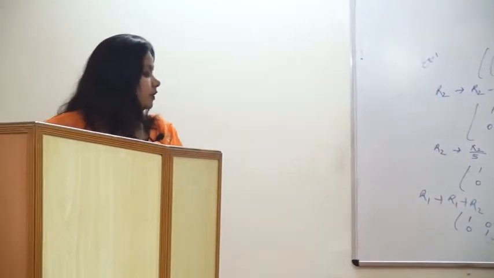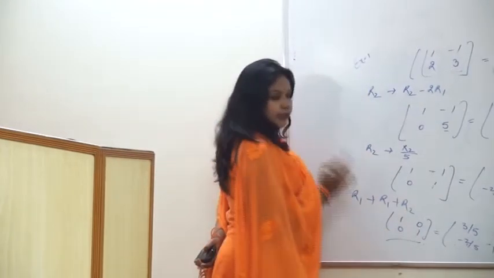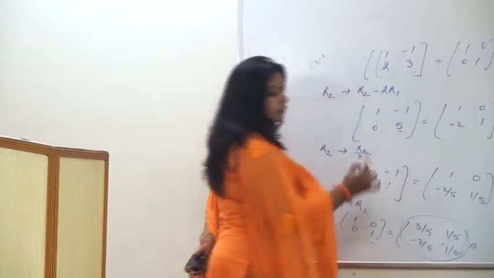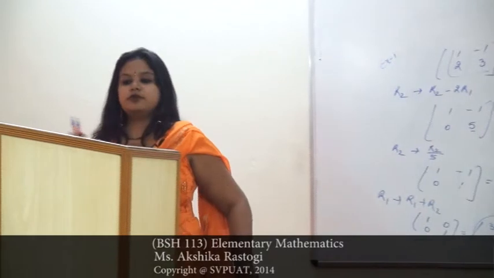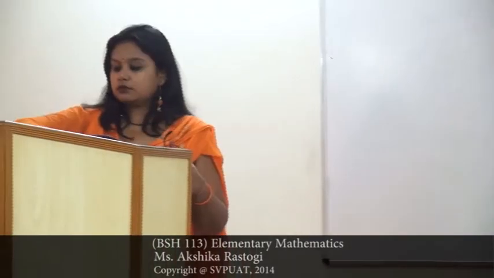So what we can conclude is that the left side is an identity matrix and this right side matrix will be the inverse of the given matrix. This is the way we can find the inverse of a given matrix.